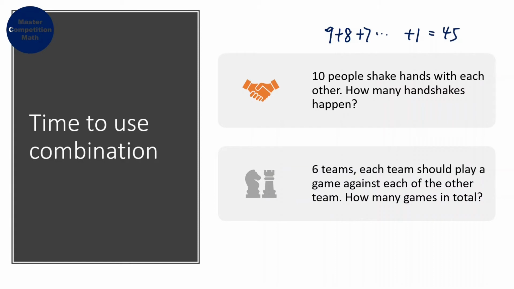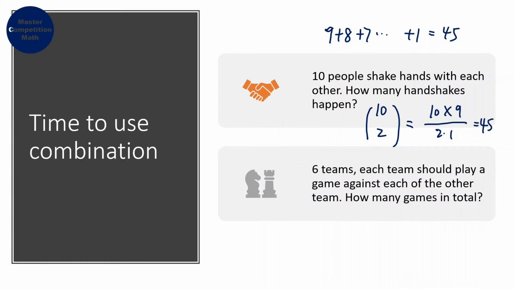Now that you have learned the idea of combination, every 2 people will have a handshake. So here the idea is just choose 2 from 10 people. How many different choices can we make? Using the calculation, it is going to be 10 times 9 divided by 2 times 1, since the order doesn't matter, which is 45.